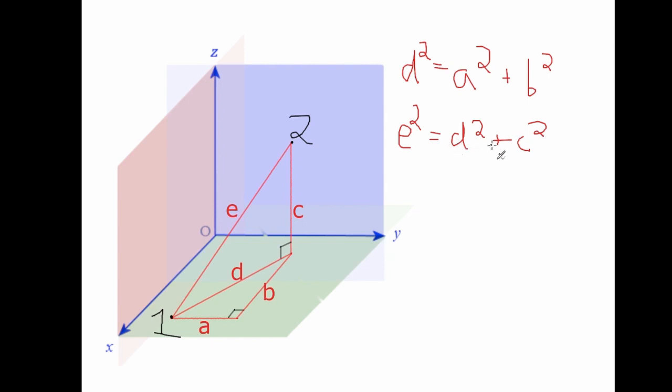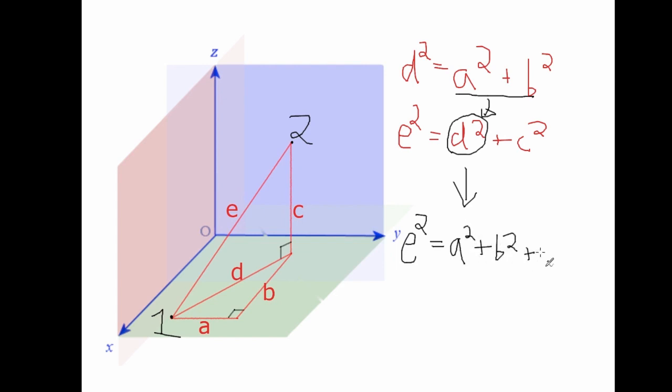Now, we should notice that we can simply substitute in for this D squared the value that we have right here, since they are talking about the same variable. So this would transform into E squared is equal to A squared plus B squared plus C squared.